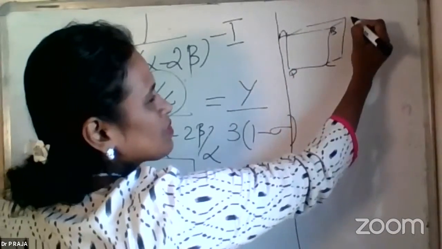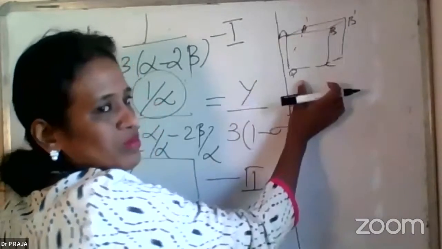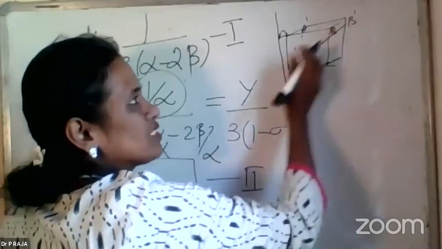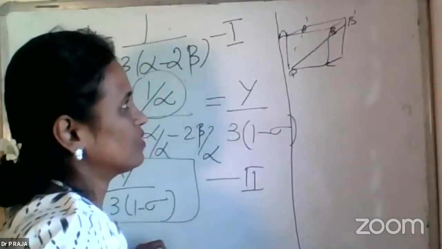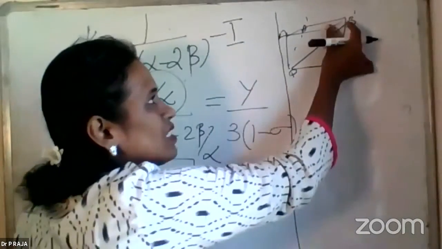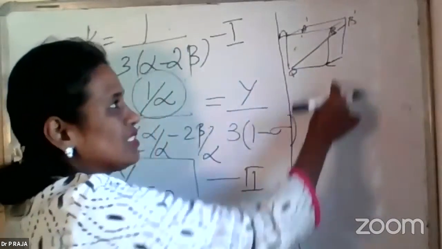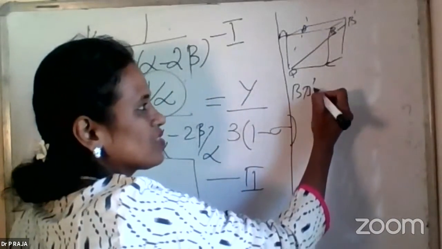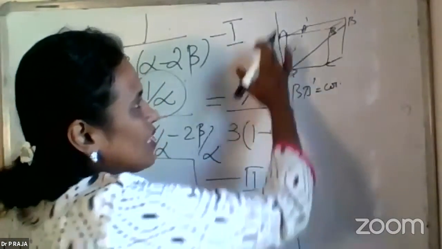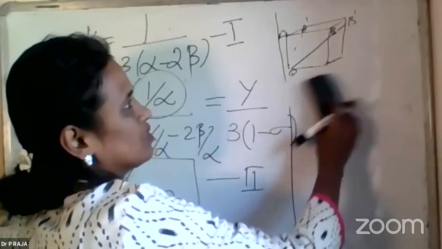B is elongated to B dash, A was elongated to A dash. Do you remember this figure, this derivation that we derived? In the diagonal there is an elongation. The change in the elongation, how much the length BB dash was sheared in terms of the angle, BB dash is equal to cos 45. Like this we derived, isn't it? And from that relationship we got one equation. Do you remember this?